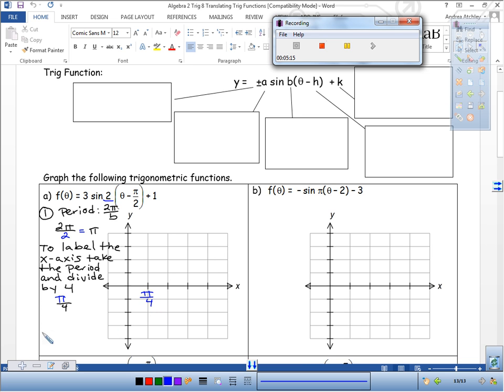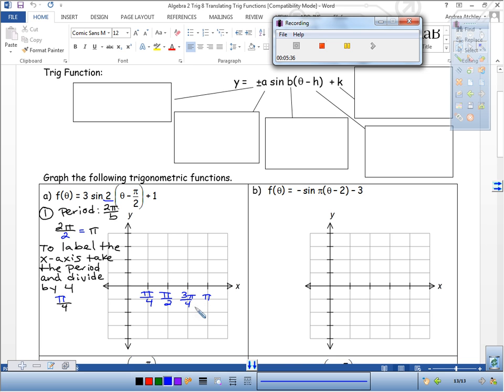So pi over 4 plus pi over 4 is 2 pi over 4, or pi over 2. And 2 pi over 4 plus another pi over 4 is 3 pi over 4. This would be pi, 4 pi over 4.